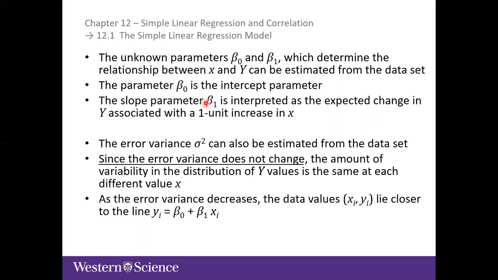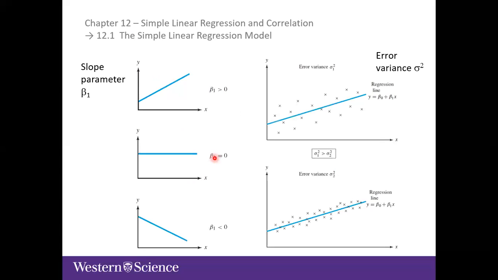If sigma square is smaller, then we have less variability along the predicted regression line, which might be more preferable, because you are going to have more accuracy in prediction.